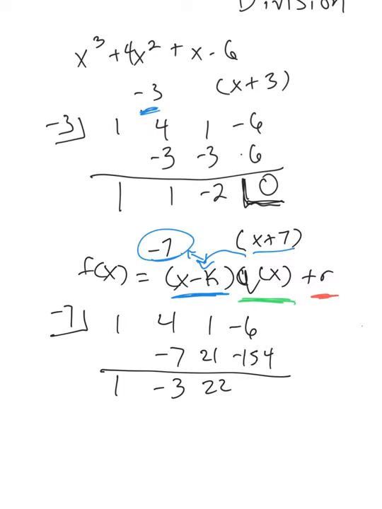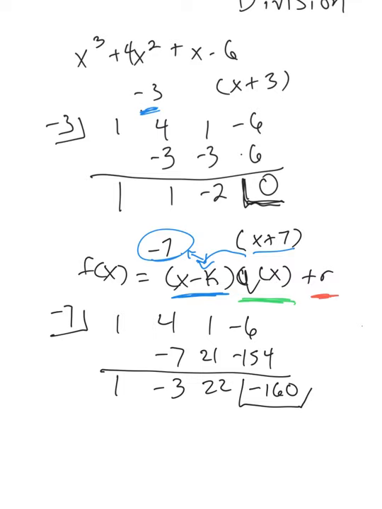And -154 plus negative 6 will be negative 160. So this here is my remainder.